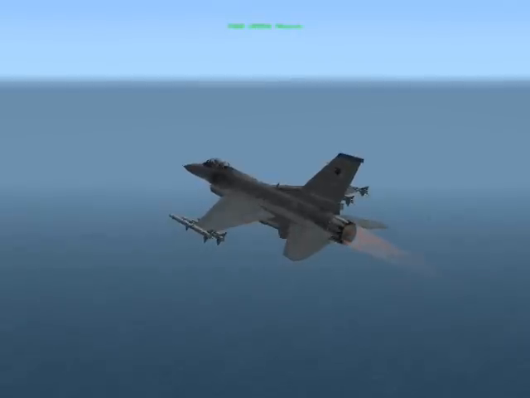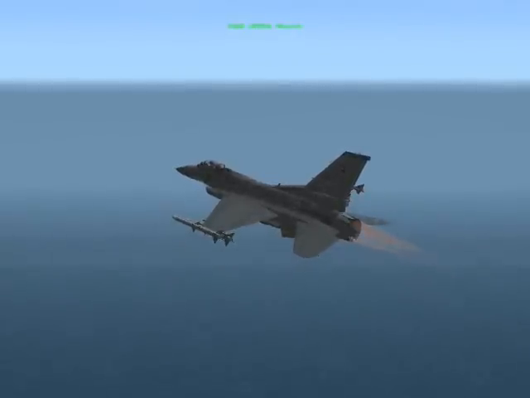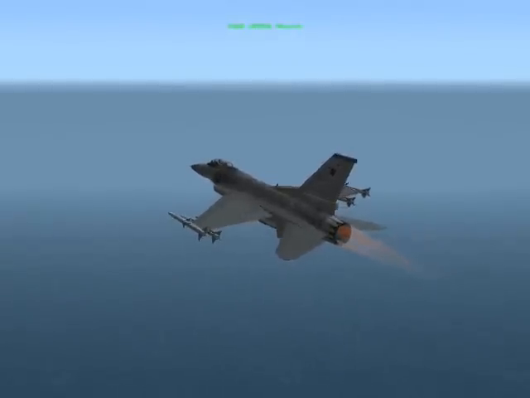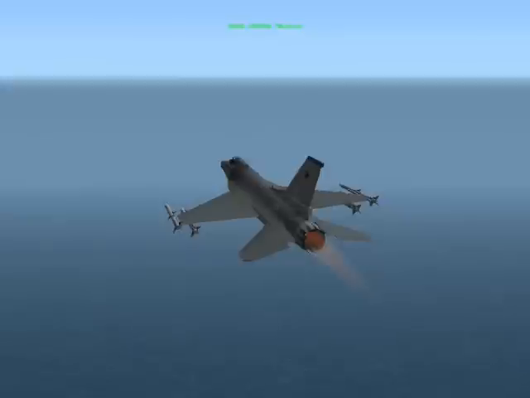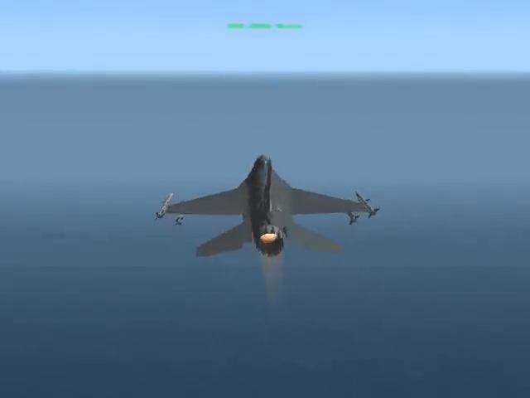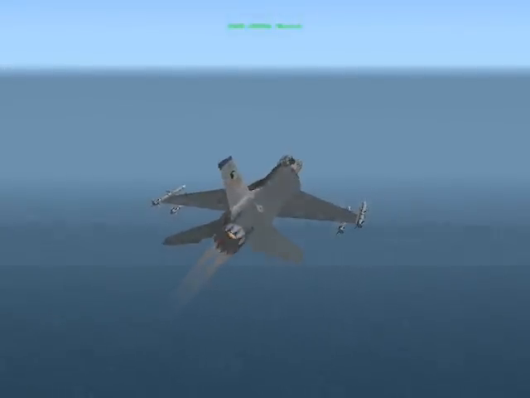Okay, let's look at a scenario. You and a wingman are on a routine patrol along the coast when you see speedboats racing toward the beach. So you both drop down for a closer look.